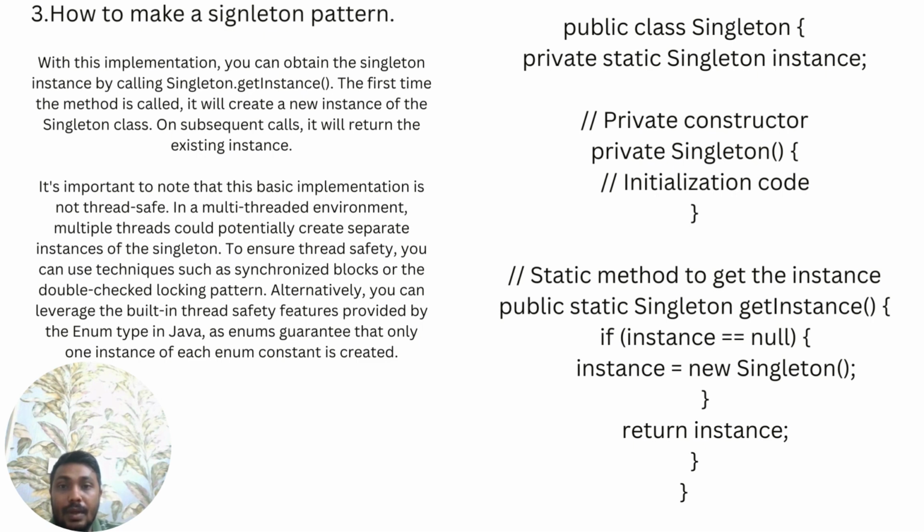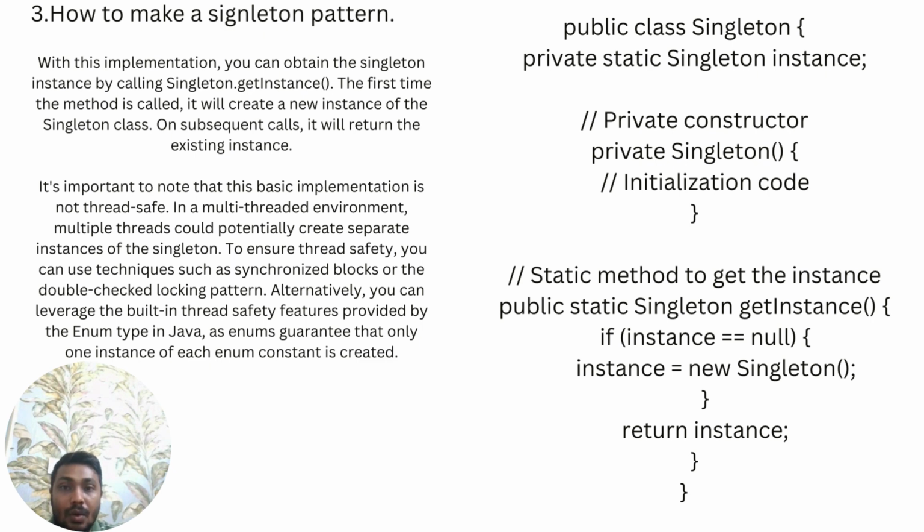In this example, we are calling the Singleton getInstance static method to get the instance. We are getting the instance by calling Singleton.getInstance. The first time the method is called, it will create a new instance of the Singleton class.